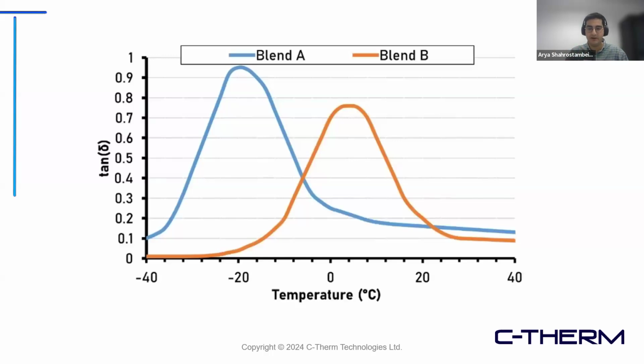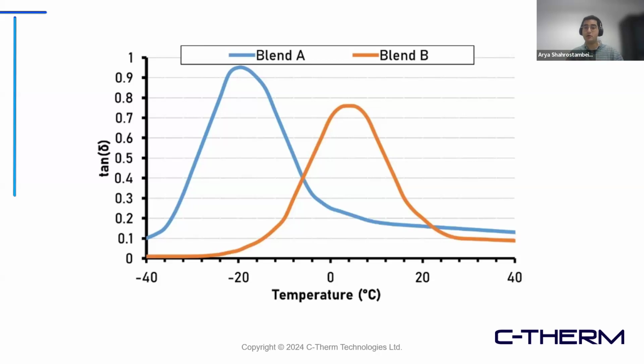So that's an example of a tan delta scan, again temperature sweep, for different samples of rubber material, so with different chemical formulation. On the blue side, blend A, as you can see, shows a heightened tan delta peak. And blend B, in the orange line, shows a lower tan delta peak.